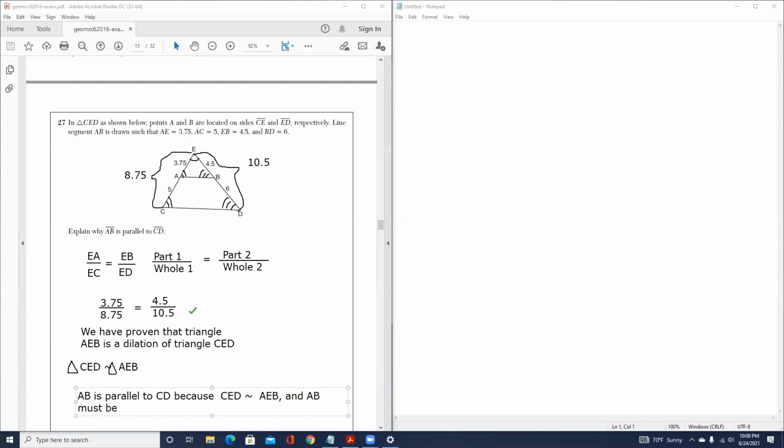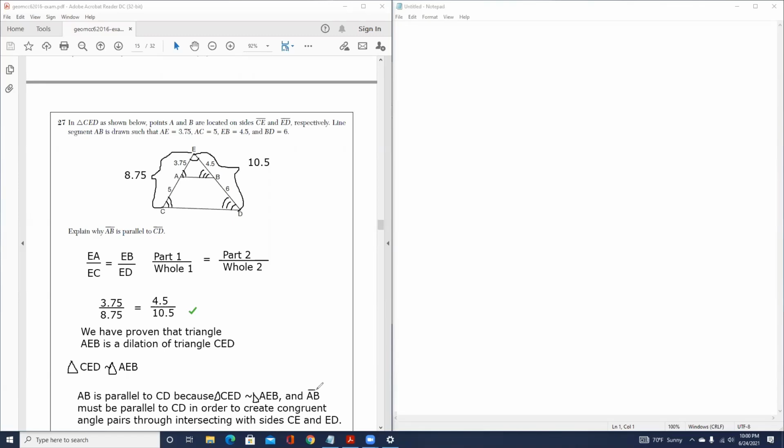AB must be parallel to CD in order to create congruent angle pairs that are intersecting with sides EC, CE, and ED. We draw in the symbols.